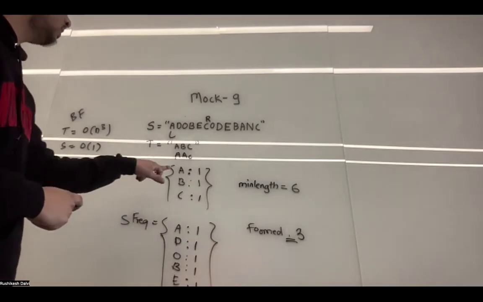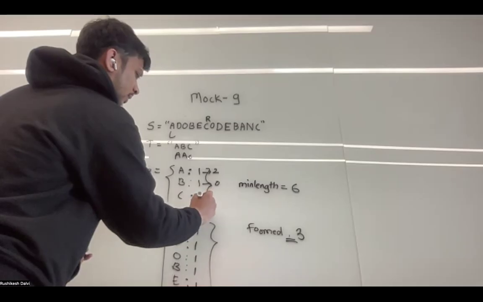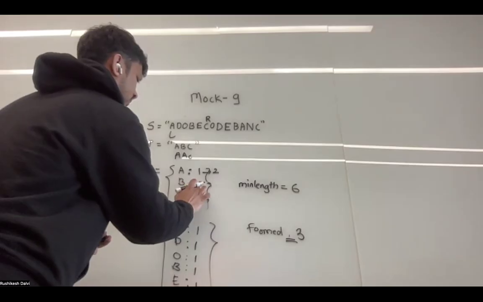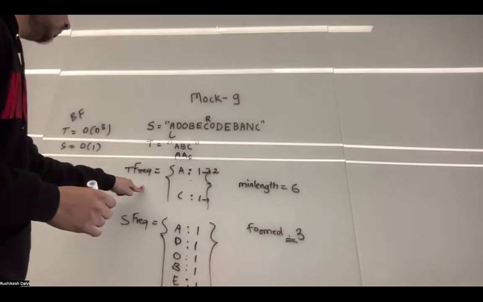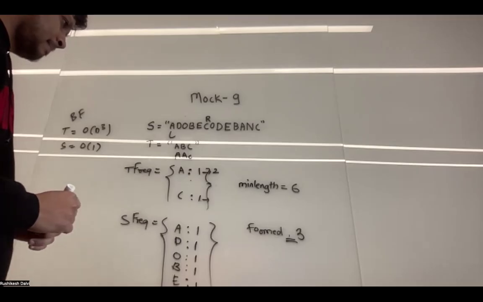My T frequency will have A's value change to 2, B will be 0, and T's frequency length will be 2. So when you encounter 1 A and 1 C in your window, your formed will become 2. Then you will match T frequency with this formed, and that substring does not have the target, right?